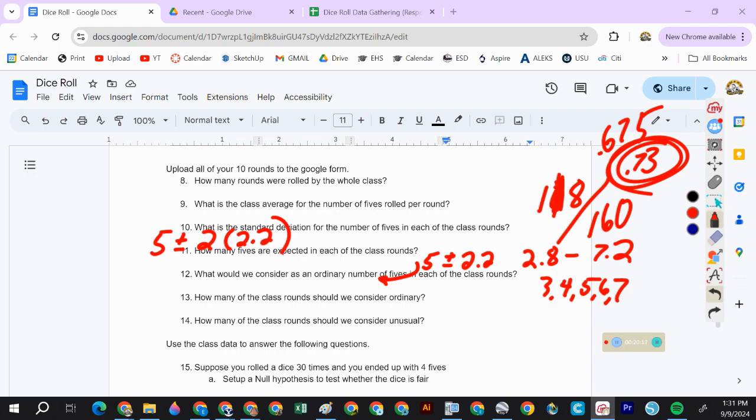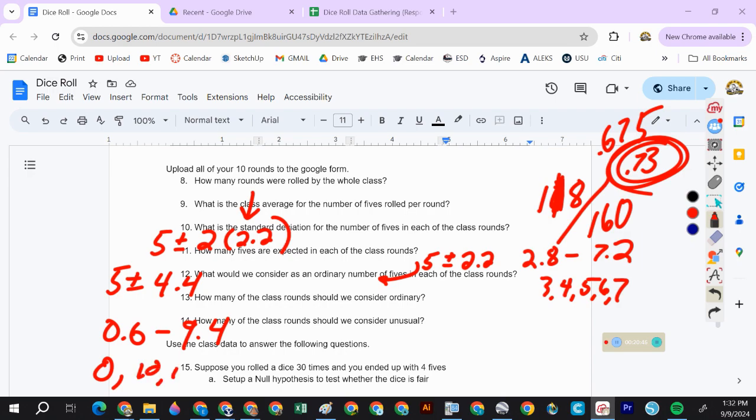Okay, so unusual would be 2 standard deviations. So that's 5 plus or minus 4.4. So that's going to be 0.6 up to 9.4. Did I get that one right? So basically, the unusuals are going to be 0 or anything bigger than 10.